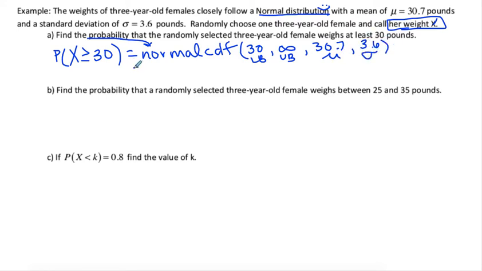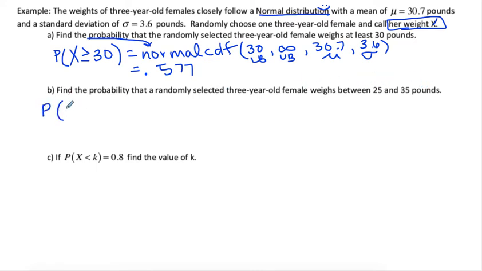So when I put this in my calculator, I can get a probability of 0.577. So there's a 57% chance that I pick any 3-year-old female and she would have a weight that is more than 30 pounds.